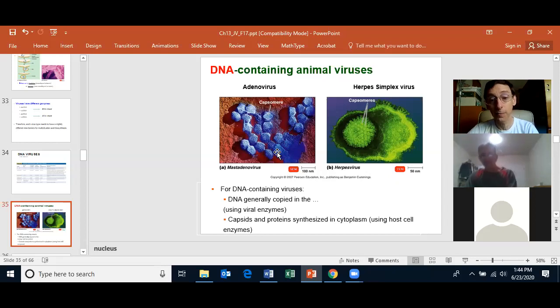That's where the ribosomes are, that's where the tRNA is, that's where the amino acids are. Okay, so all the enzymes and machinery that the virus needs for replicating the proteins of an animal cell are found in the cytoplasm. Any question about any of that?